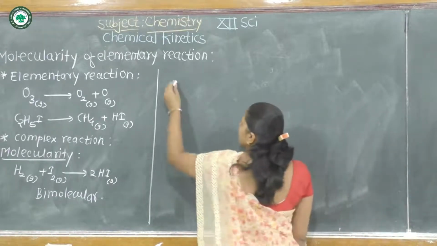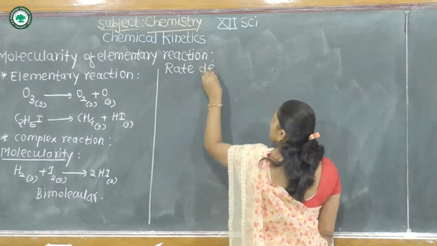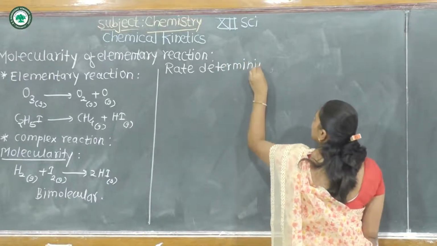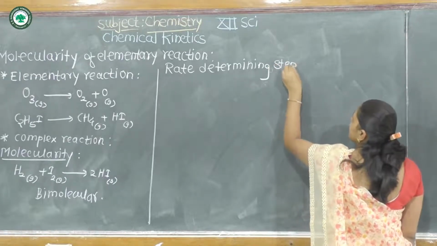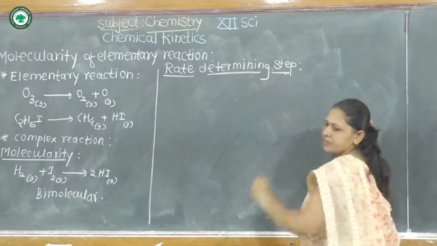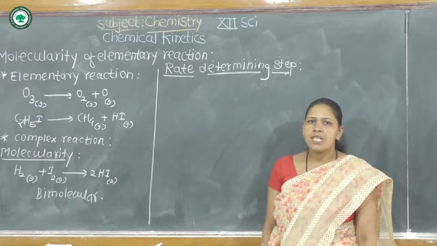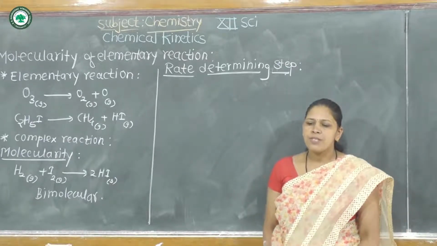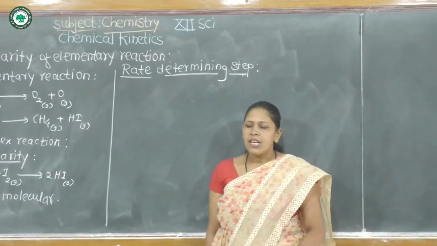The next point is the rate determining step. A number of chemical reactions take place in a series of steps, in 2 or more steps.